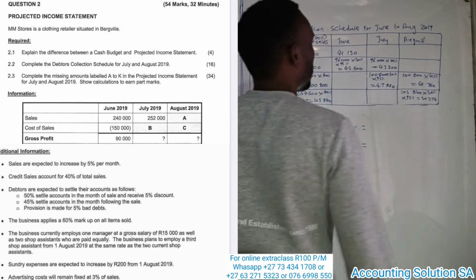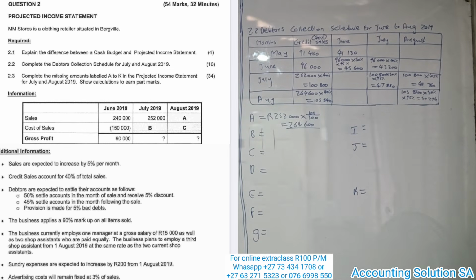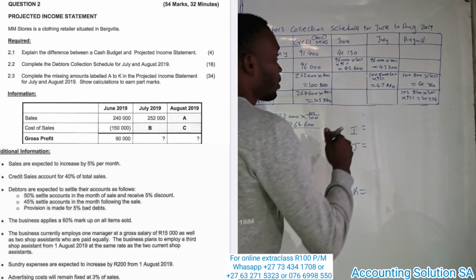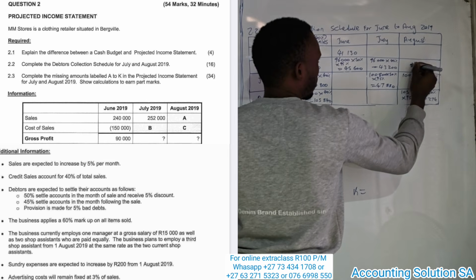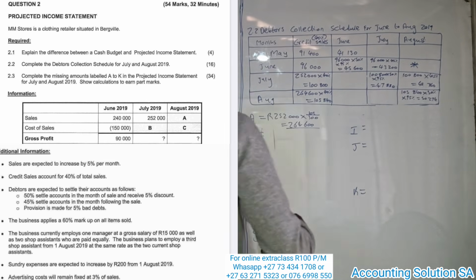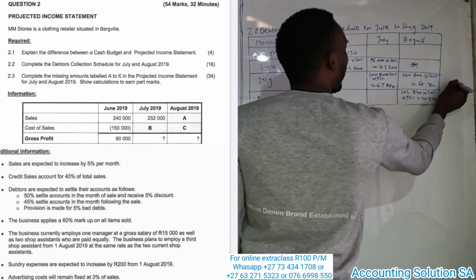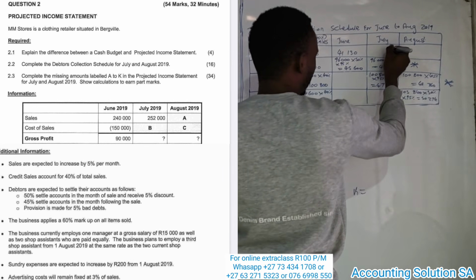Okay, and the other one is 45,360. Simple stuff. Okay, now the last one, guys, they say that provision is made for 5% after 3 months. So after 3 months is this one. We don't calculate bad debts under collection schedule. And the other one, it will be this one and this one.